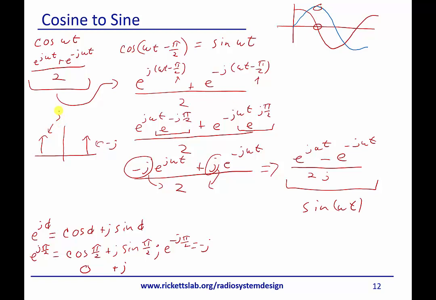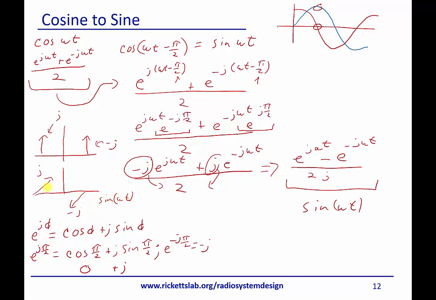Now, a convenient way of showing this is to draw a sort of 3D form where I say this is minus j and that is plus j, and call this sine omega t.